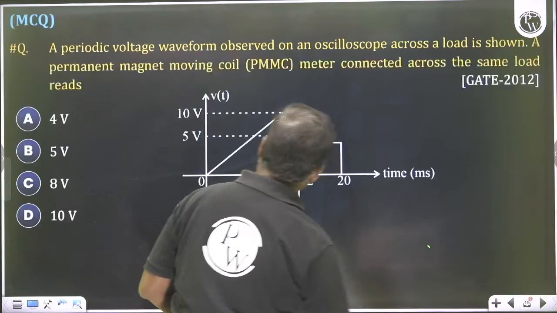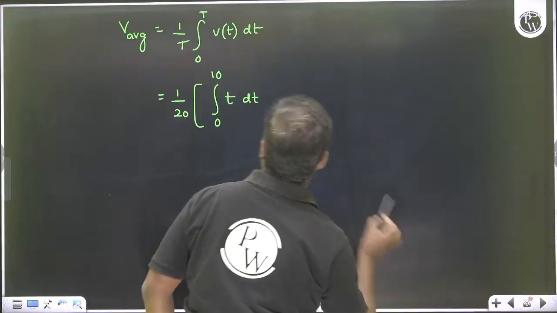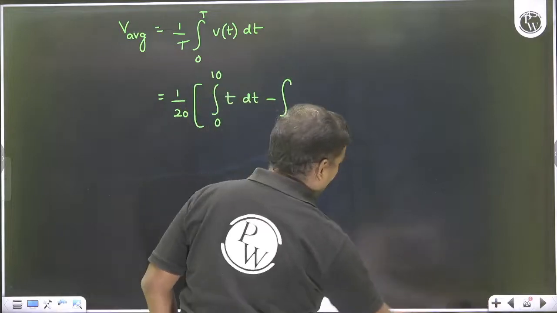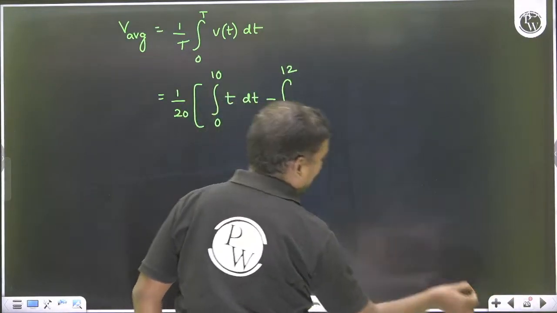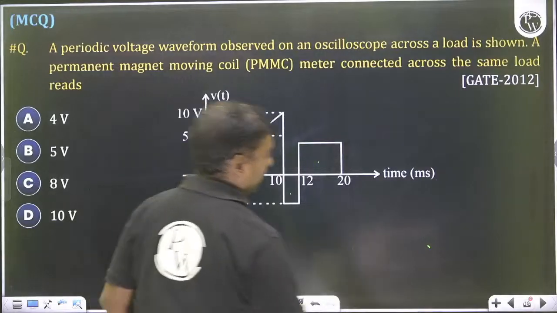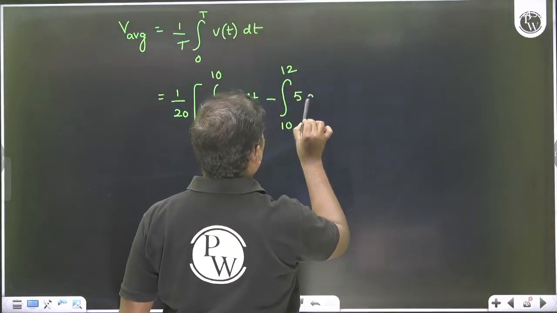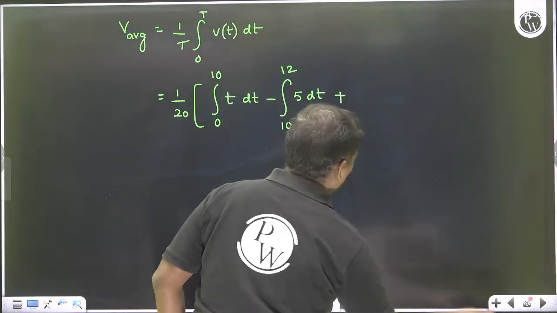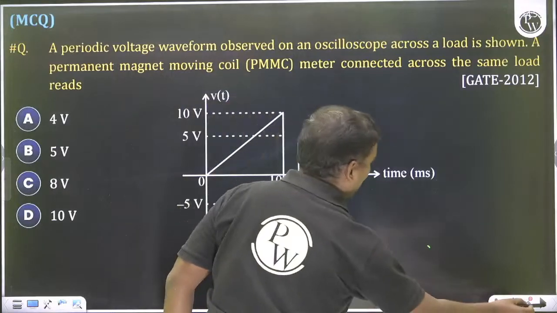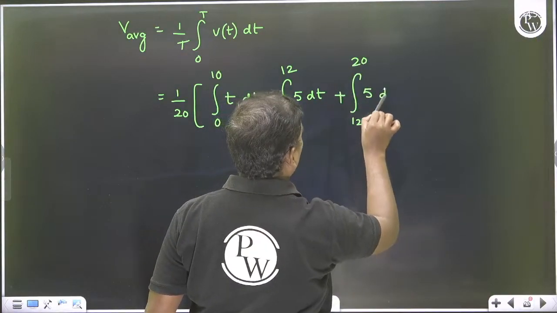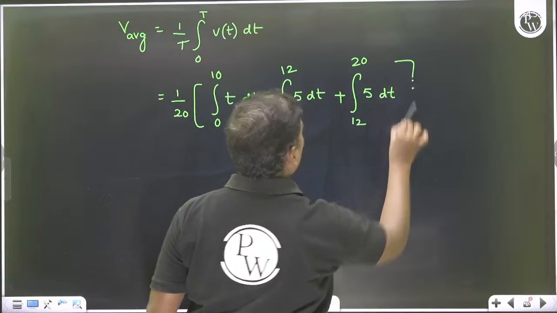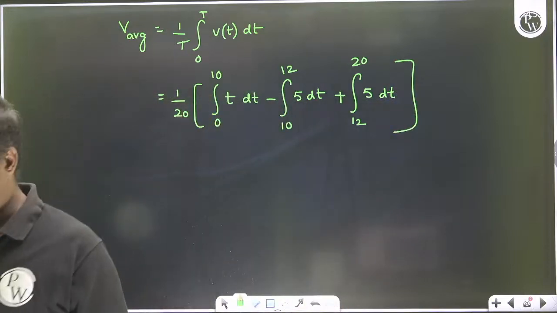Next one is minus, that is 10 to 12. What is the amplitude of that signal? The amplitude of the signal is 5 dt. Next one is positive, 12 to 20, so 5 dt. So that's it. Please solve. What is the answer you are going to get? Please tell me.